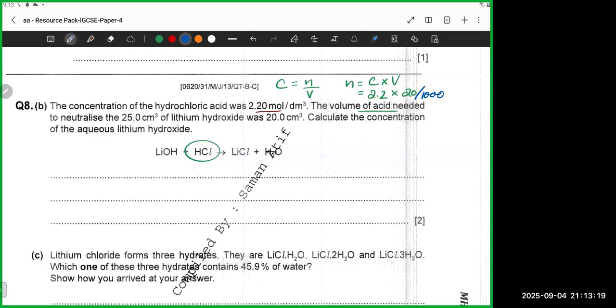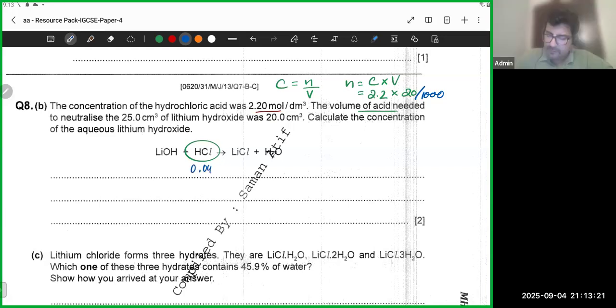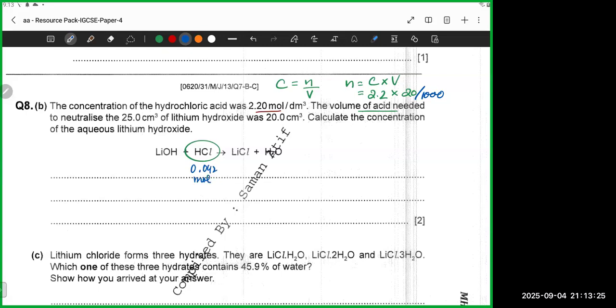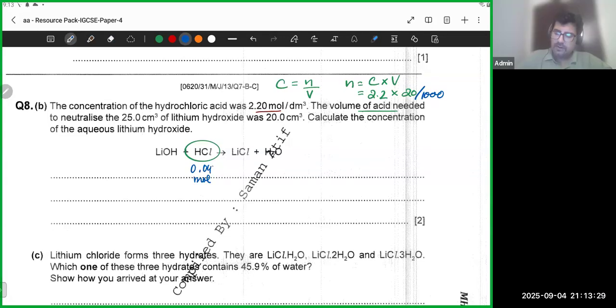It's 0.044 moles. Once you know the moles of one, you would know the moles of every one of them, because all of them are 1:1. So this would also be 0.044 moles, and this would also be 0.044 moles.